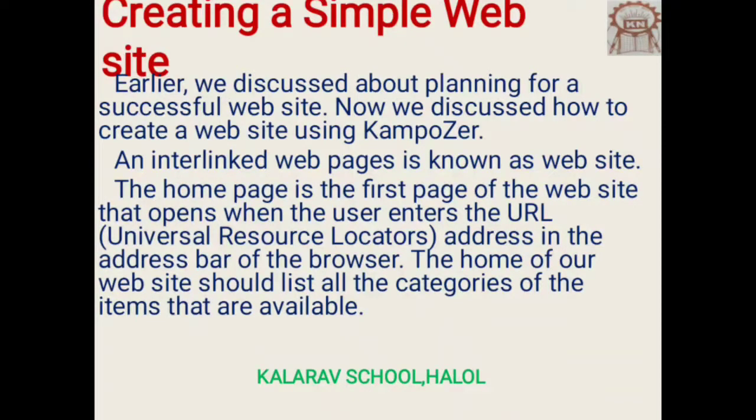For example, if you create a website for a school, categories like water bottle, lunch box, textbooks, pencil, pen, etc. are examples of the categories displayed on the home page.